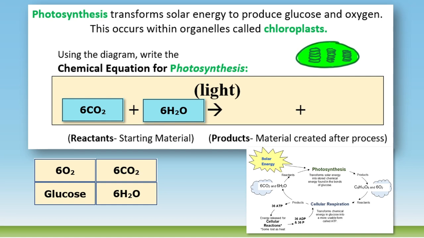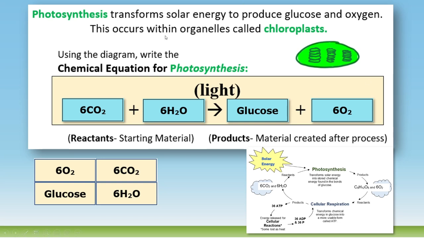And you have your little arrow here, meaning yields or produces. So photosynthesis produces the products of glucose, which, if you want to write the chemical equation or the molecule down, is C6H12O2 and 6O2 or 6 oxygens. Again, remember your reactants are your starting materials and your products are the materials created after the process.